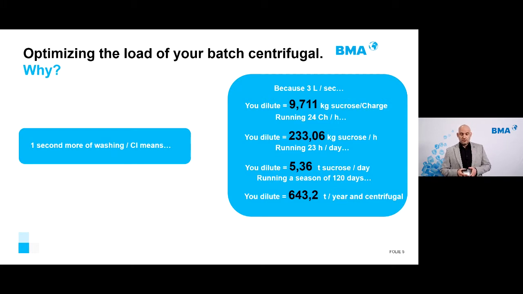If you are running a season of 120 days, which is normal, and of course people from Peru or from Colombia, which are running all year long, or people running a refinery, which are running 340 days per year, it's easy to calculate. But let us assume 120 days for one season. You are diluting 643 tons of sugar in your centrifuge, only when you add 1 second more than you need.